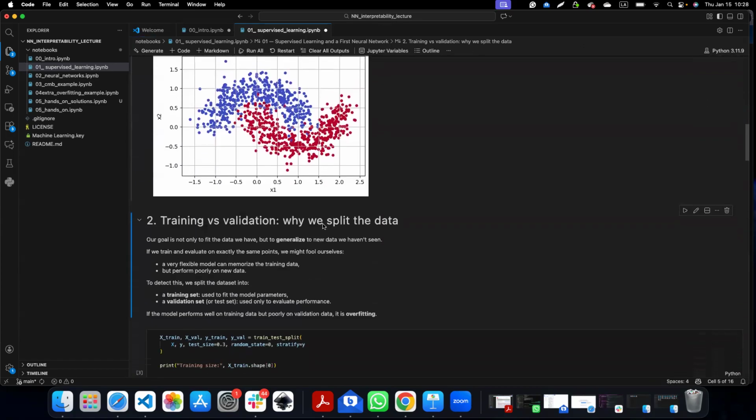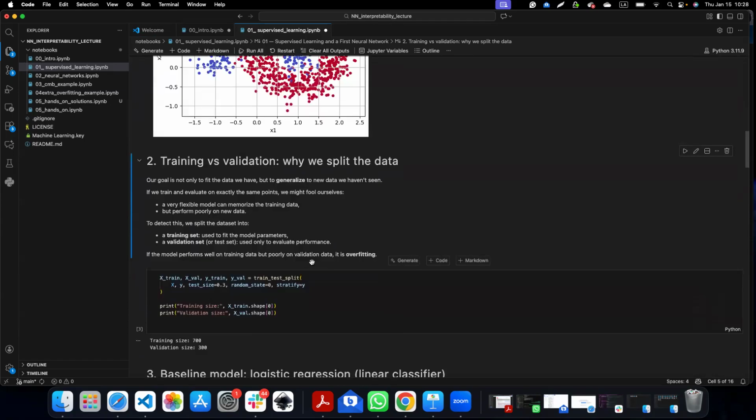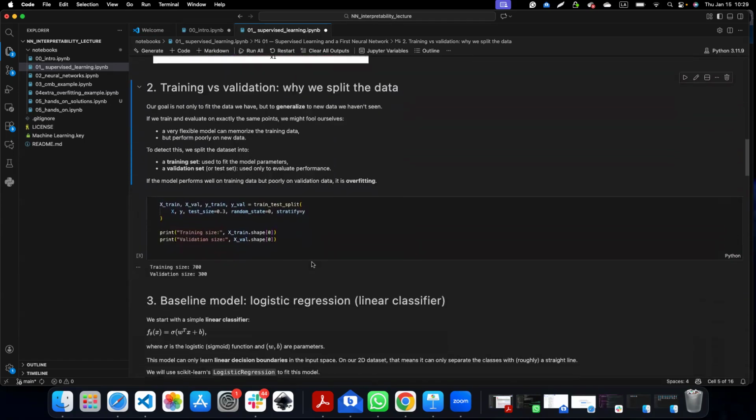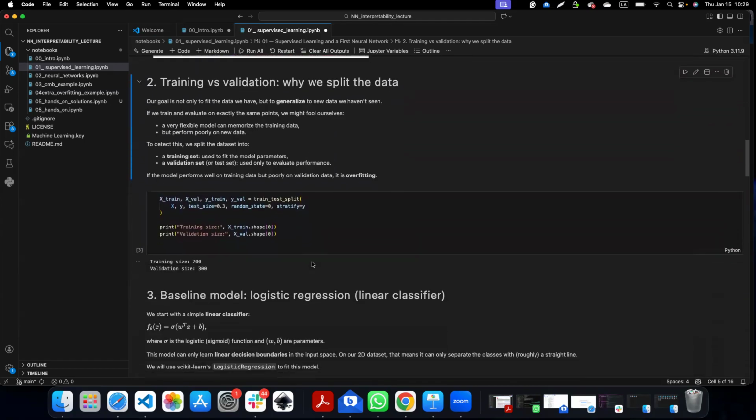So we import it. And then, okay, now let's start to actually train a model. For the training, you need to have all your data set and you need to split it into training and validation. Actually, you need three data sets: training, validation, and test.